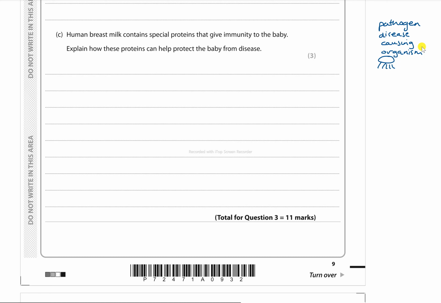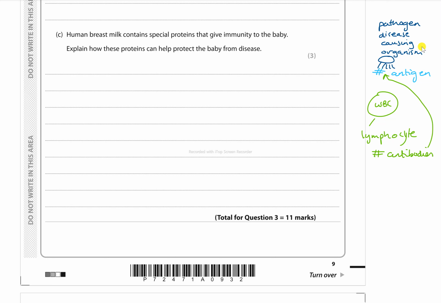That has a marker on it called an antigen. And then your white blood cell, the one that we look at, is a lymphocyte. This produces something called antibodies, and it'll go and attach itself to that, and it'll kill it or use it as a marker.